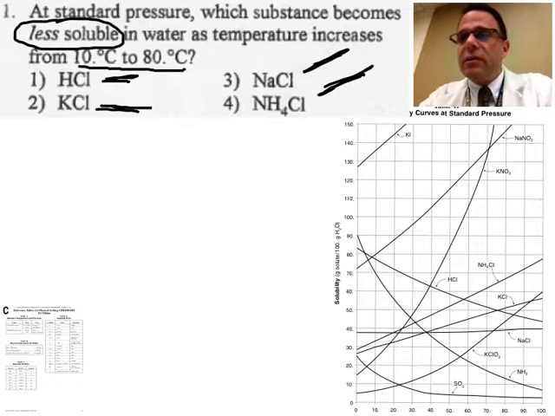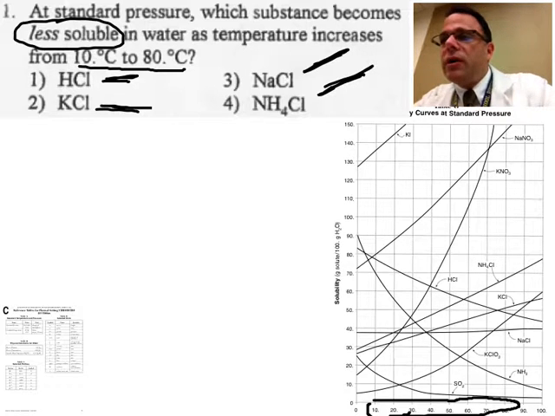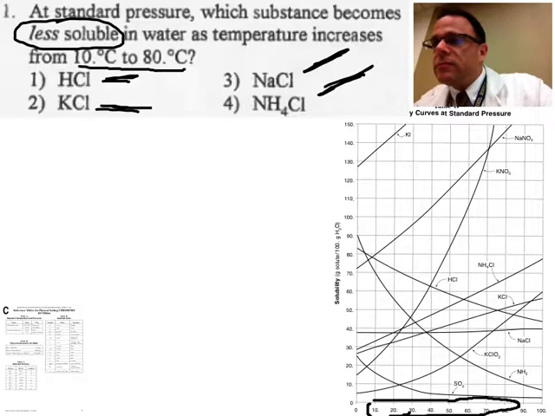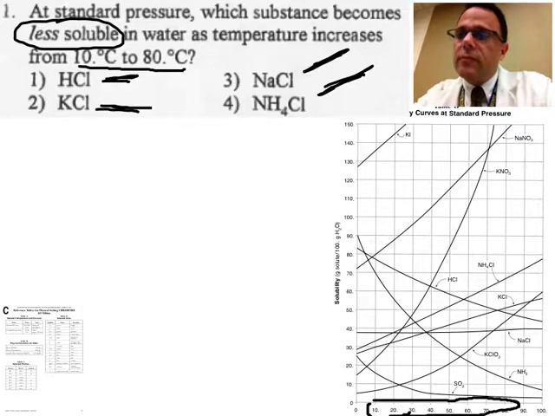Let's identify these lines. We're working between 10 degrees Celsius all the way to 80. And HCl, where are you? HCl. There we go. Let me change the color of the line. HCl is right here.